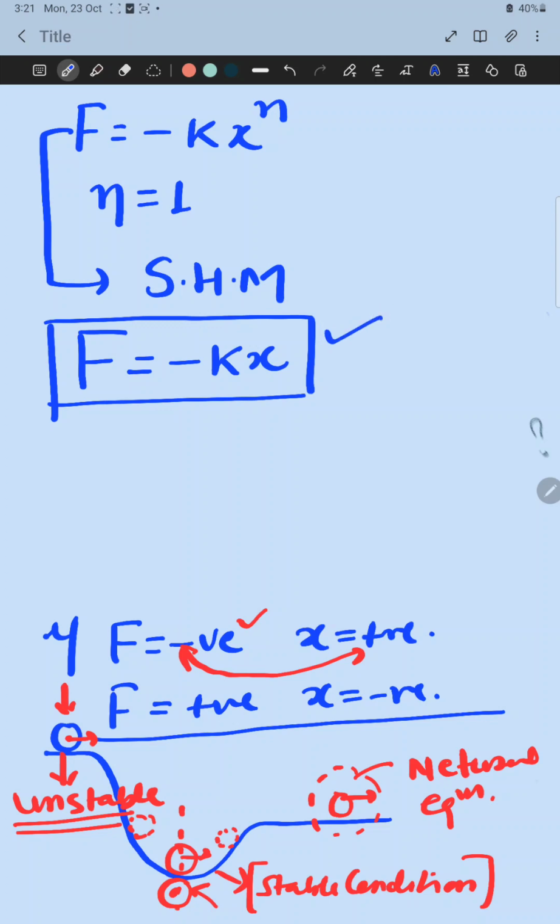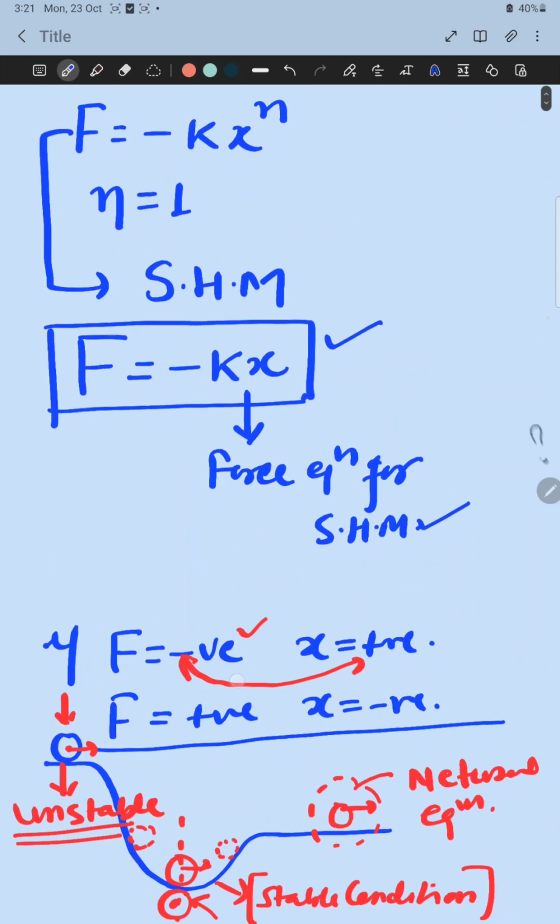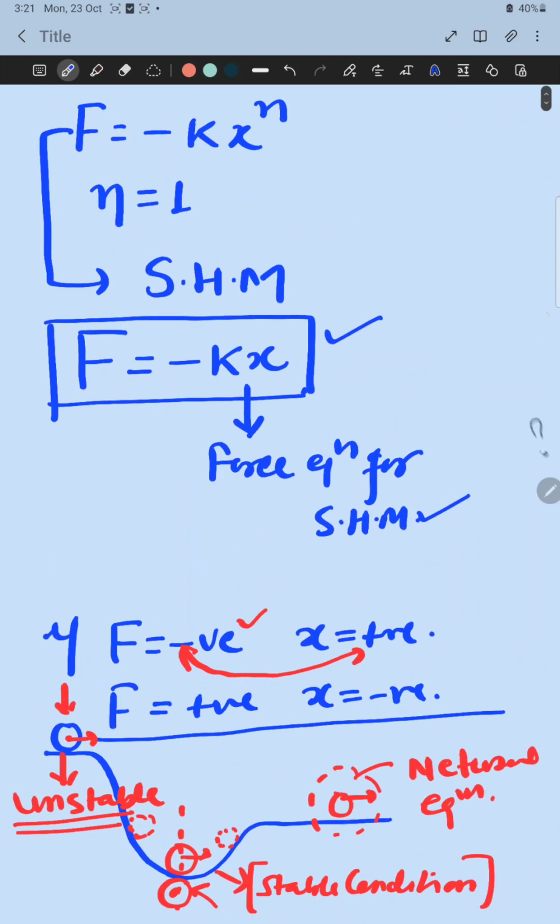So we have recovered this expression. This is the force equation for SHM. Now every discussion will take place with respect to this force equation, and we have already proven that once force and displacement have a negative relation, it acts to reach the stable equilibrium.